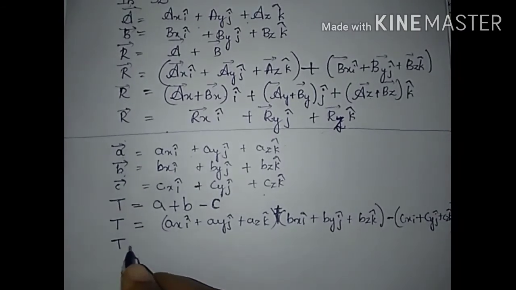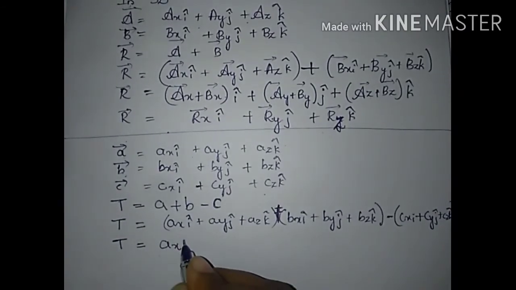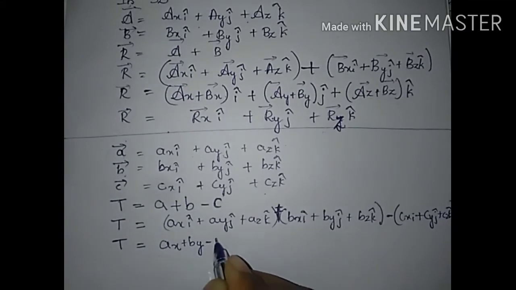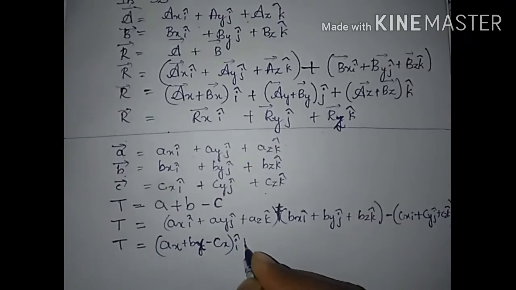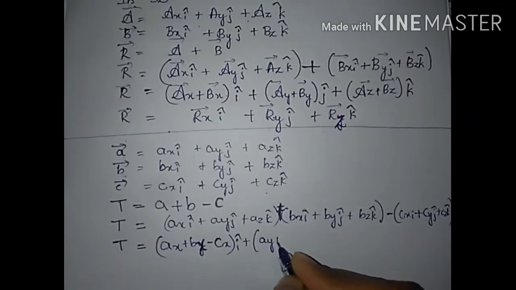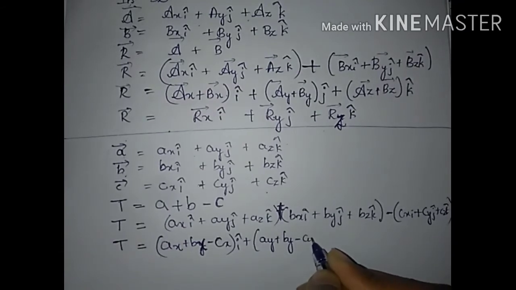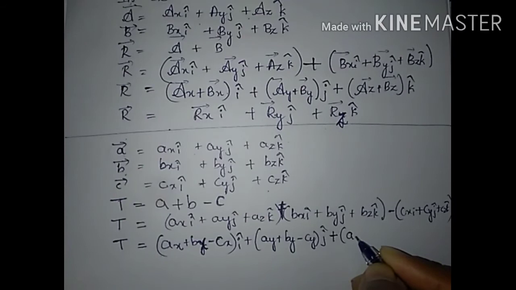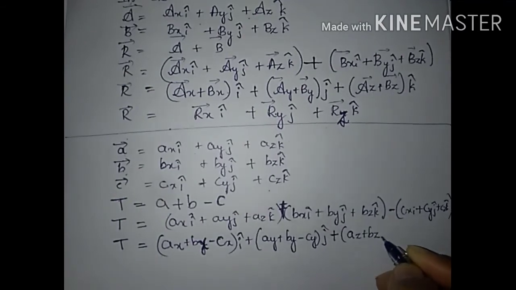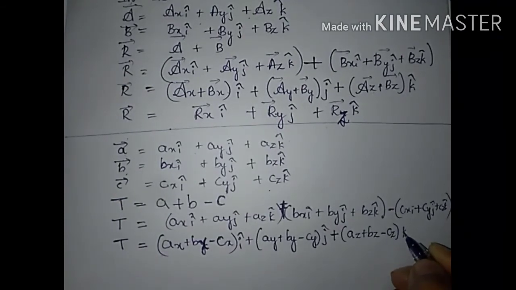Now this can be written as Ax plus Bx minus Cx i cap, plus Ay plus By minus Cy j cap, plus Az plus Bz minus Cz k cap.